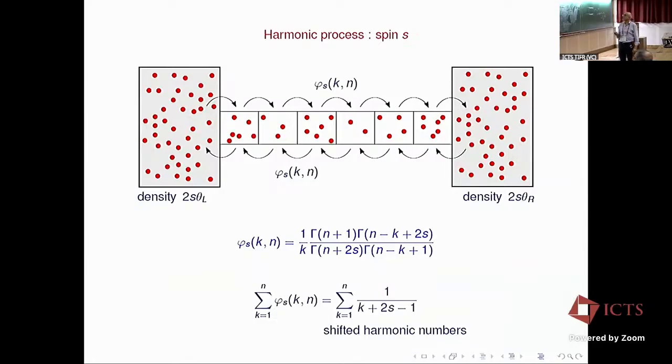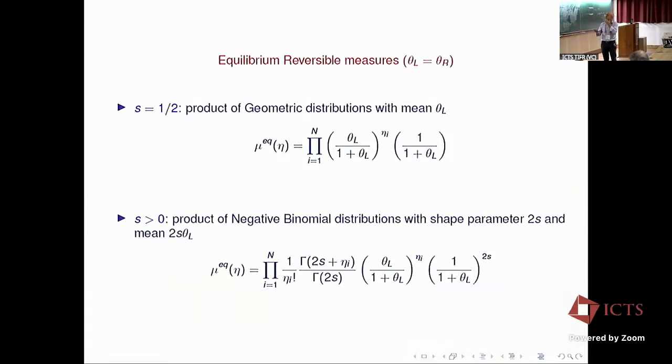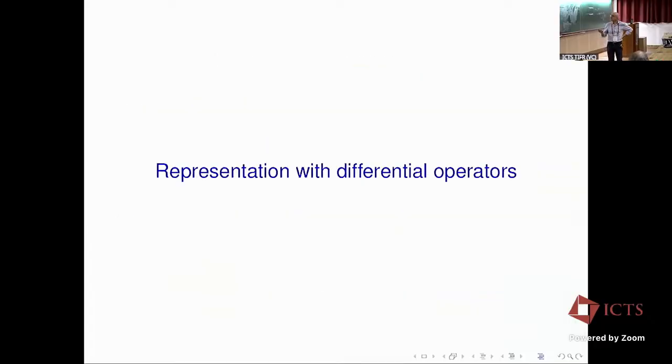And now you are in a good position to formulate the problem. If we take boundary parameters which are equal, we are in the equilibrium setup, we have a reversible product measure of negative binomial again, and when they are different, we will have a non-equilibrium steady state which we would like to compute. And yeah, this is what is written here.